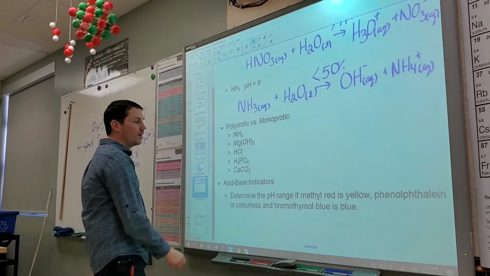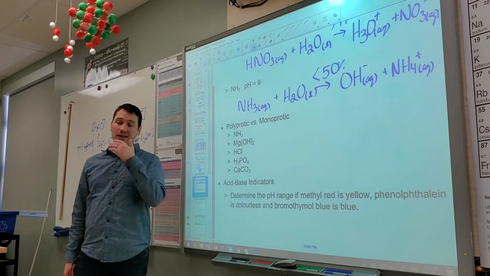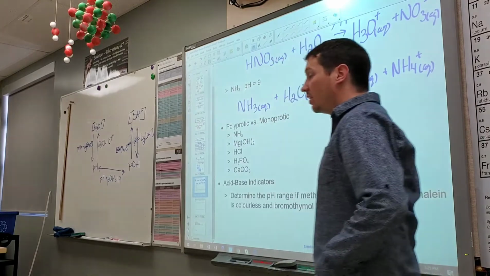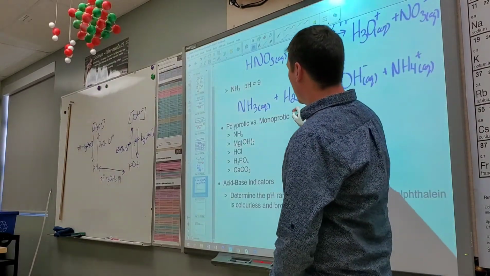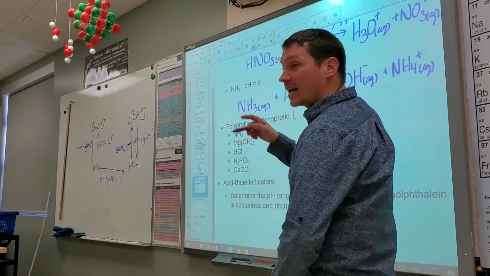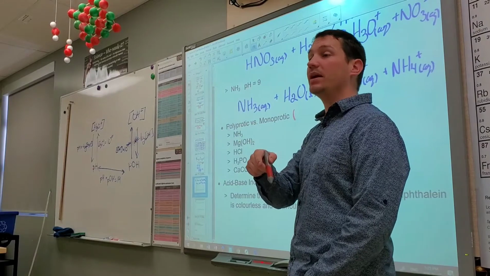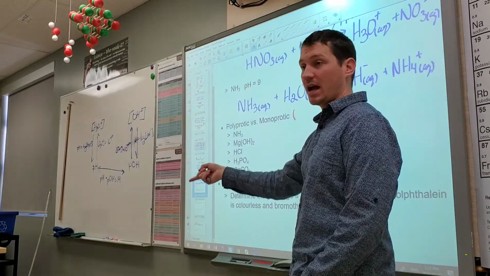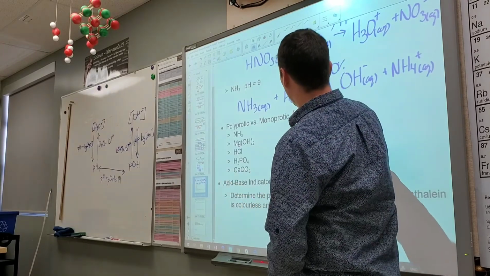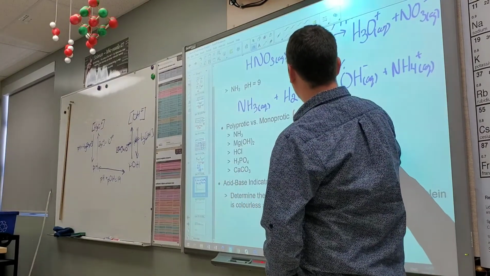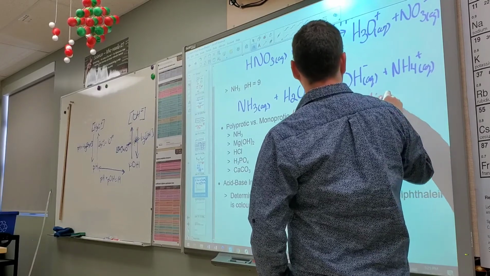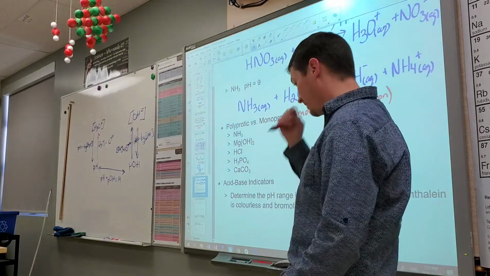Good. Okay, polyprotic. Do you remember what polyprotic and monoprotic is? Yeah. It's when it does it twice. It can react as an acid or a base, but in more than one successive reaction, right? So more than one reaction. Okay?